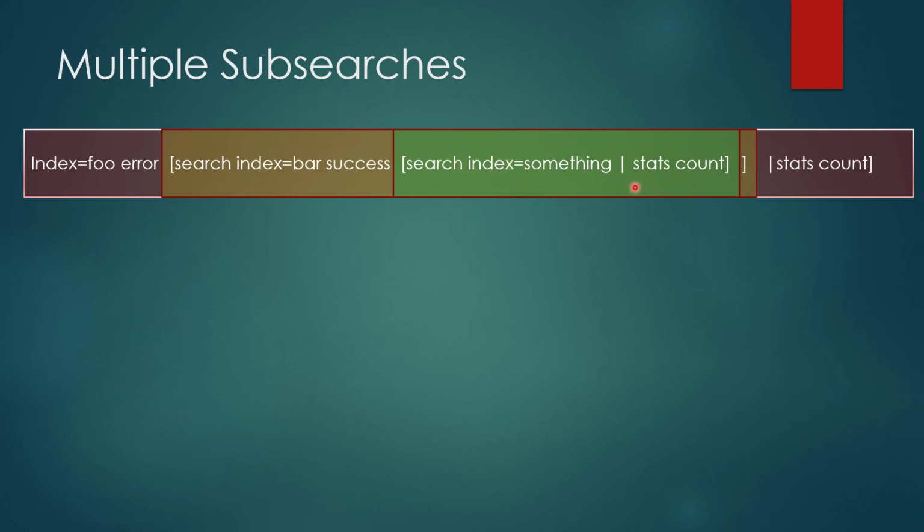As I told, sub searches are run first in a search query. Now when you have multiple sub searches, and that too nested ones, generally the innermost search will run first. So this particular search will run first, which will compute something and return something here. Based on that returned value, this search will then run.